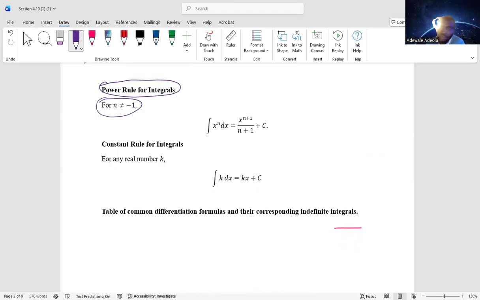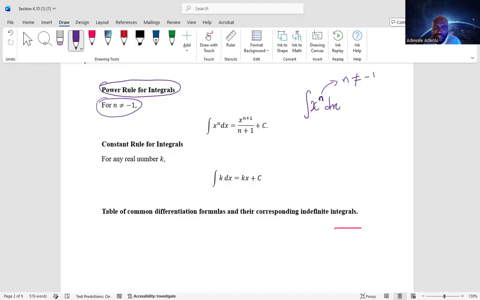If we are taking the integral of some power function, so let's say x raised to the power n dx, we want to be sure that n is not -1, because if it's -1, we will see what will happen shortly.